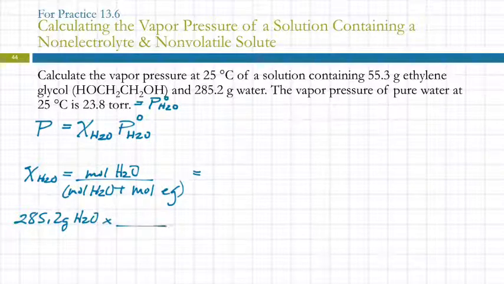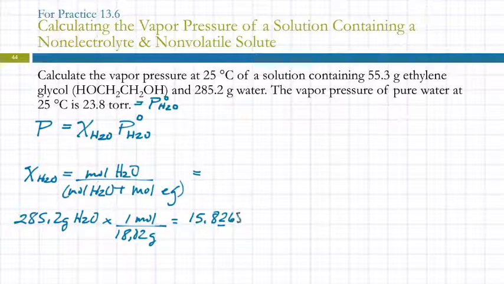So we'll convert that to moles. 285.2 divided by 18.02, 15.8268 moles of water.